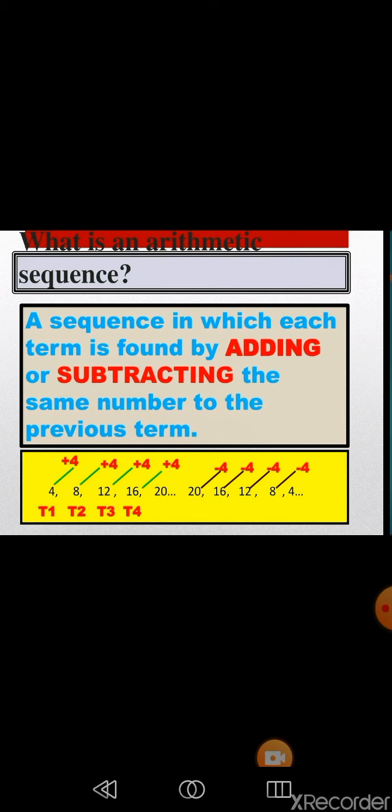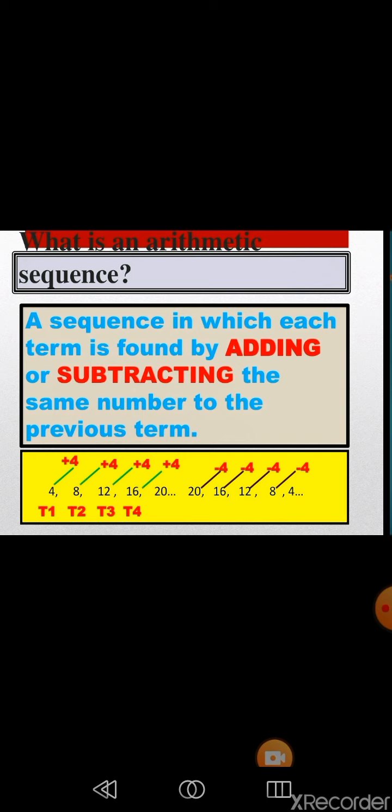Okay, we have here two sets. We wanted to get the ratio or the difference, what we said here: 4, 8, 12, 16, 20. Do you think what is the sequence here? We will add 4 to each term. 4 plus 4 is 8. 8 plus 4 is 12. 12 plus 4 is 16.